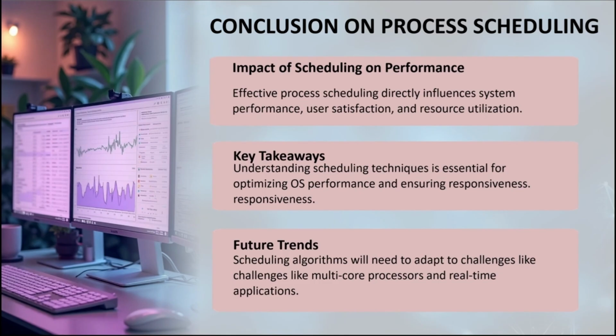The future trends are telling us that when we are scheduling algorithms, there's something we call multi-core processors, and a very good example is our phones. A multi-core processor is a processor that is split into different components that work together to achieve a task.